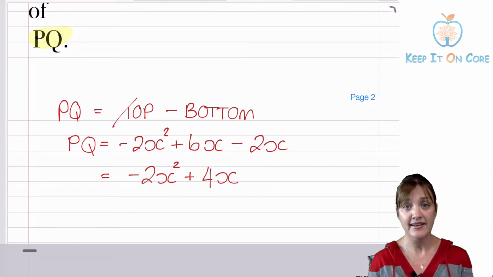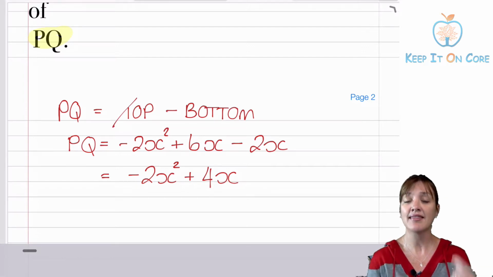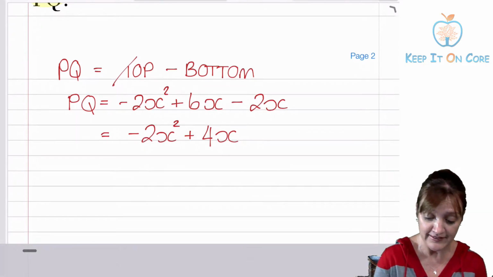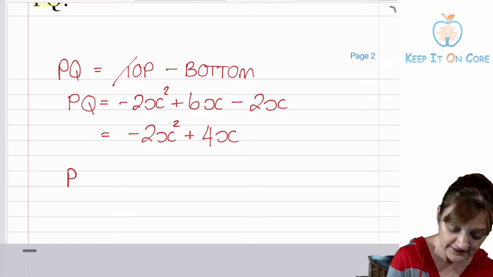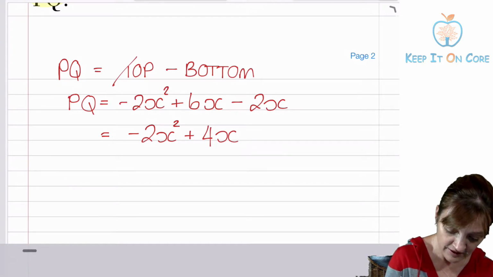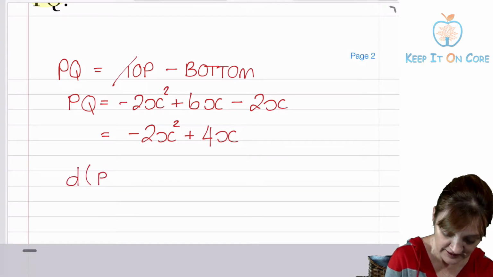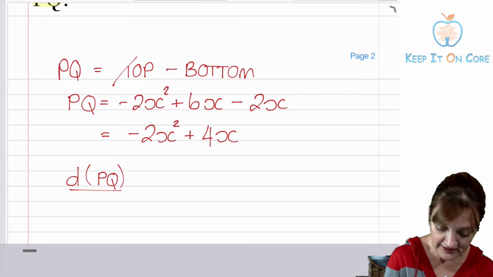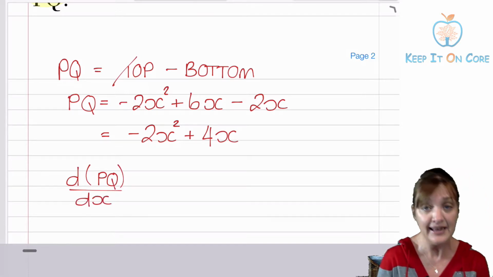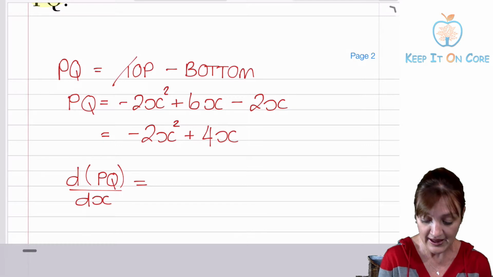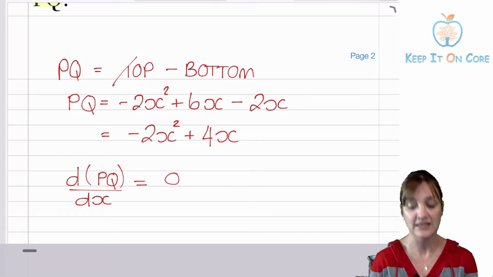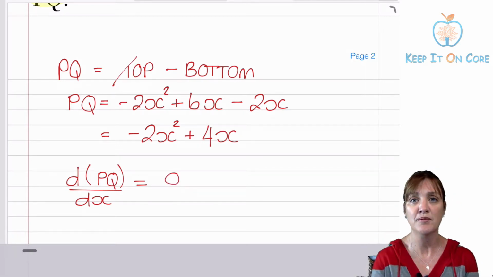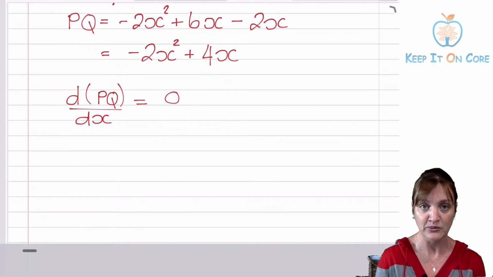We now need to take that and calculate its maximum length. How do we do that? Well, the first thing we have to do is work out the derivative of your line PQ in terms of x, because that's the variable, and we are going to let it equal 0. Why? Because to find a minimum or maximum, we let the derivative equal 0.